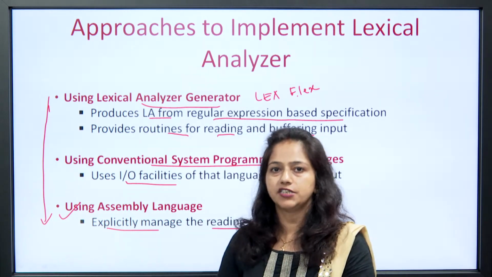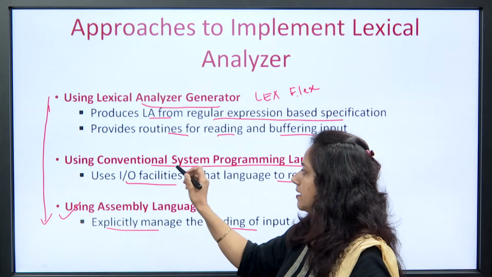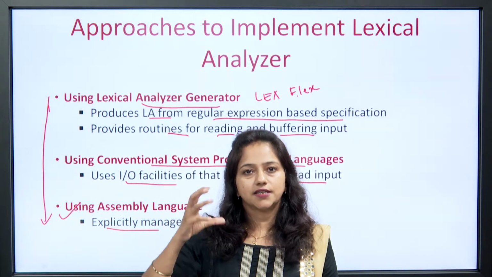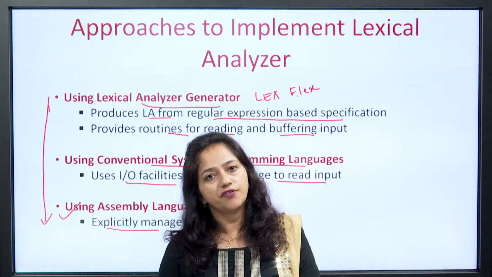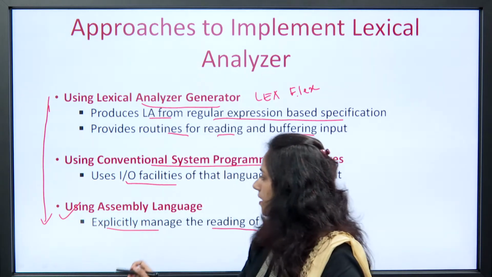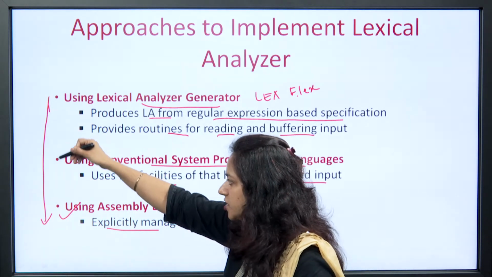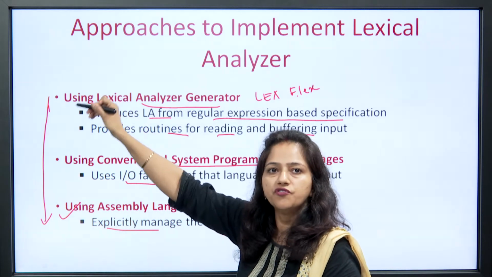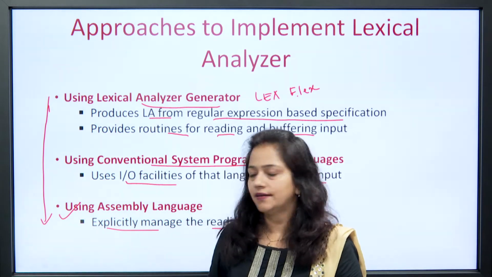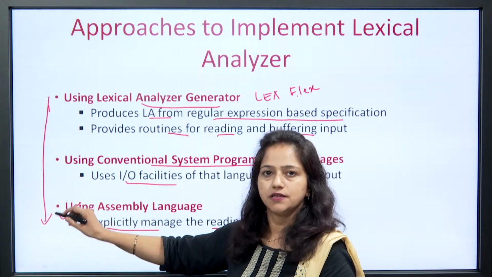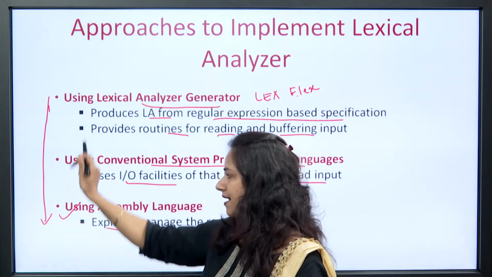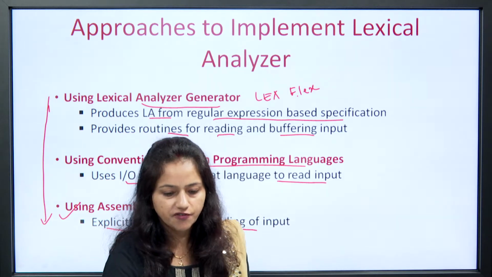In system programming we need to write constructs, as we discussed in the previous class, like switch case structure and if else structure to decide the next state and next transition. So the implementation difficulty increases from top to bottom, but if we go for speed, this will be of the highest speed and this will be of the lowest speed. It will be slow in comparison to the remaining 2 categories of implementation.